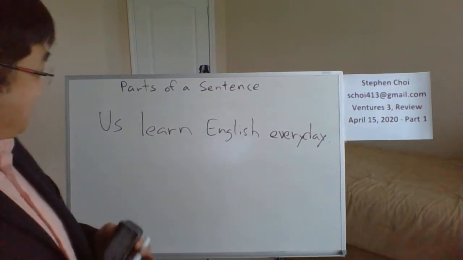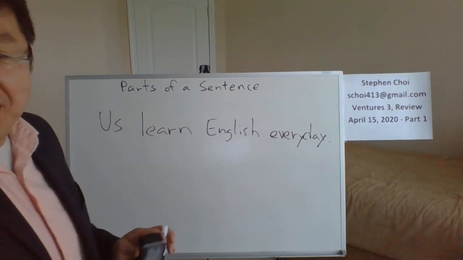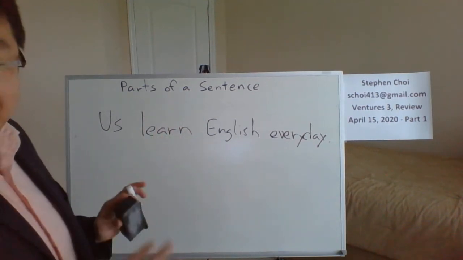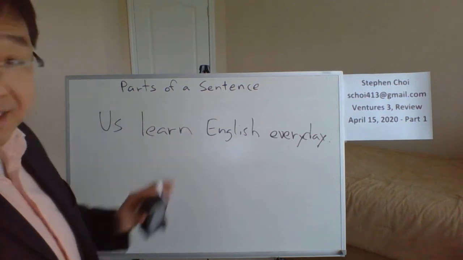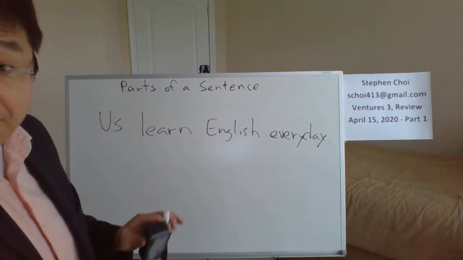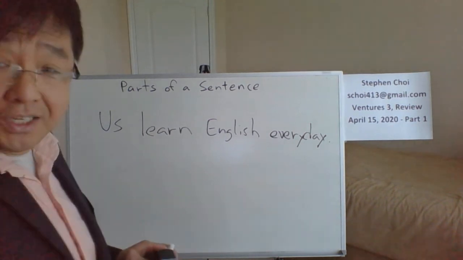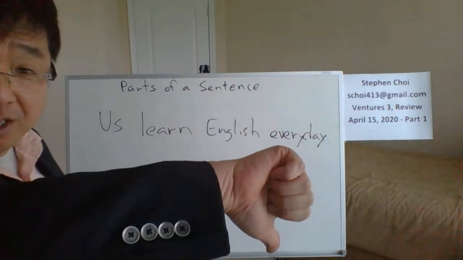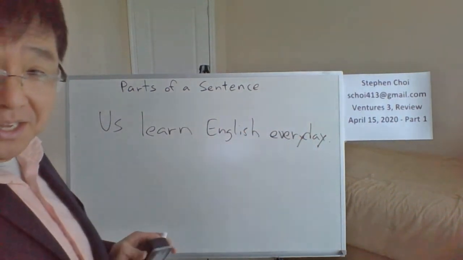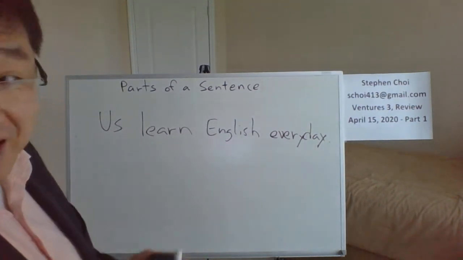Us learn English every day. Now we're gonna label this sentence with different parts of a sentence. But first of all, is this a good sentence? Is it good or no good? Obviously, this is not a good sentence.